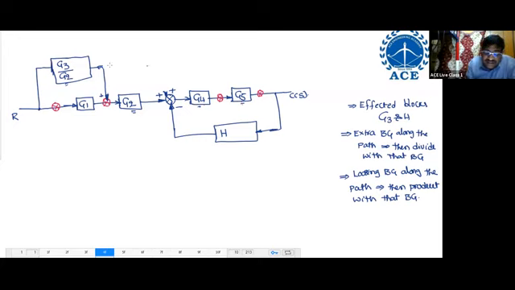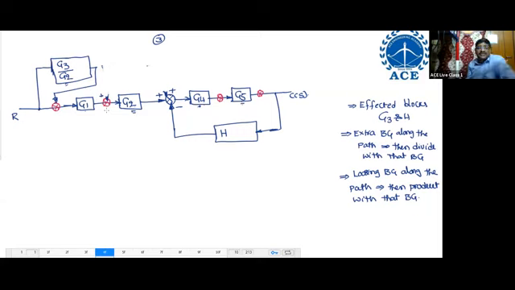In case I shift here, then what happened? Tell. How many block gains are extra along the path now? G3 and G1, G2, G4, previously 3 only. Now how many? 1, 2, 3, 4, 5. 2 block gains extra. What are they?